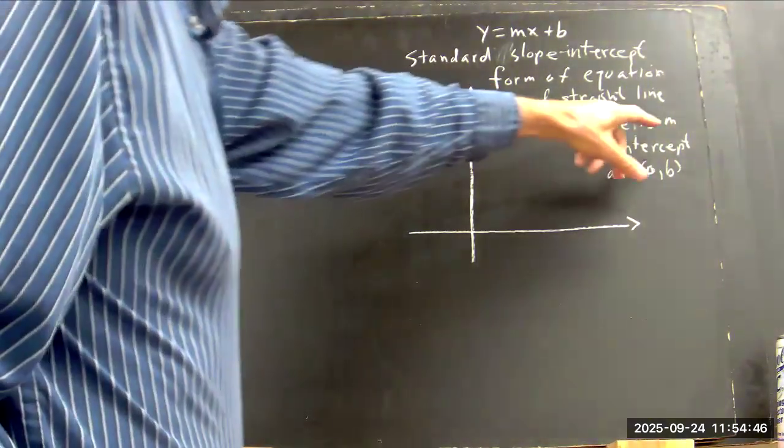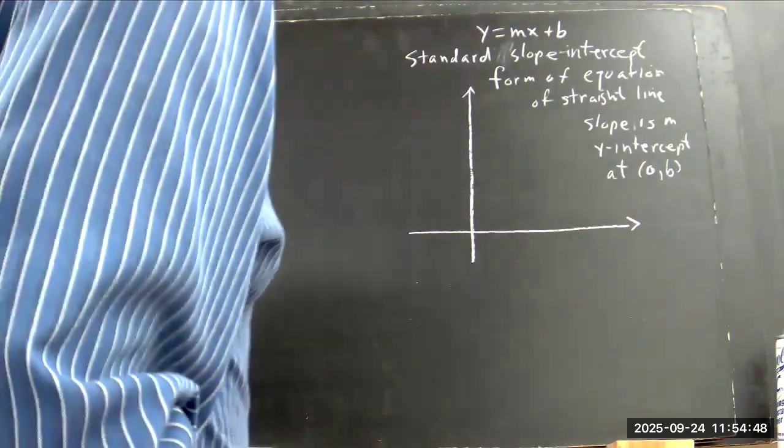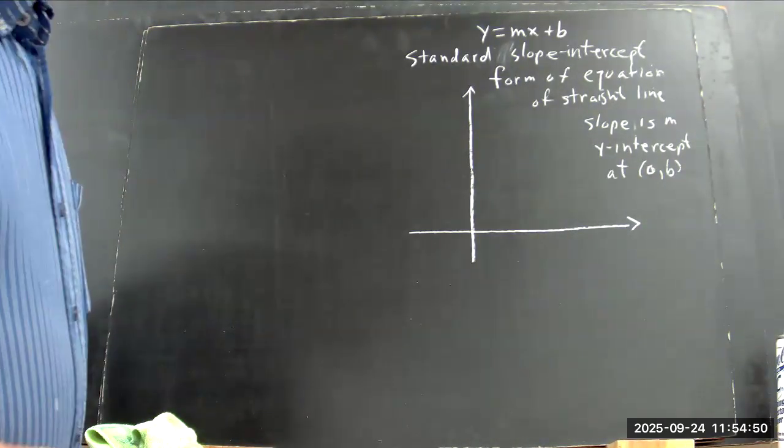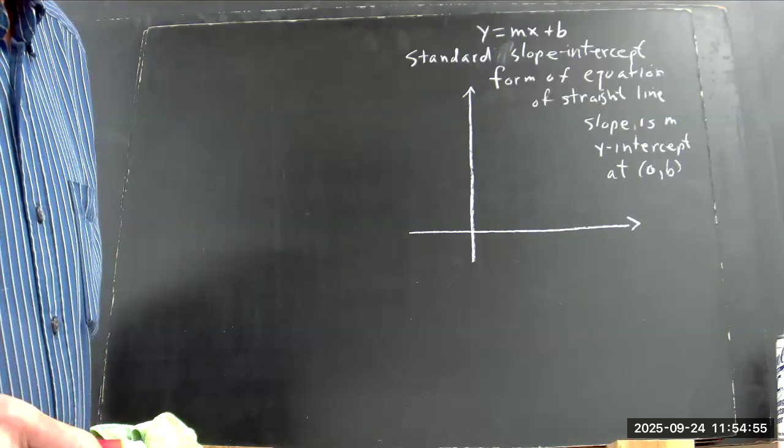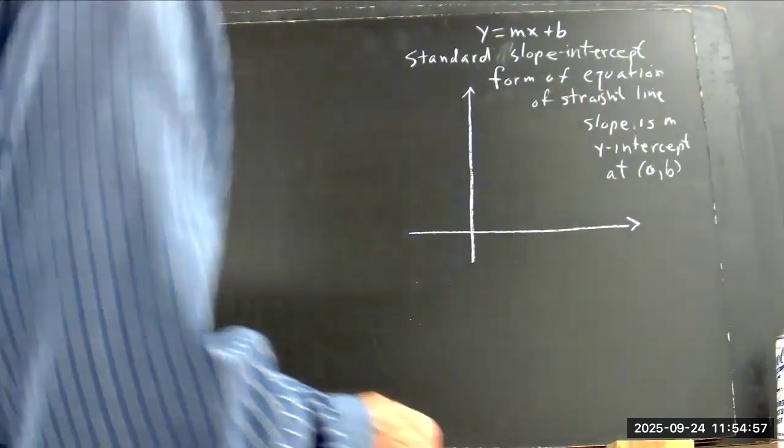Okay, the slope is m, the y-intercept is at 0, b. Make sense? Maybe not completely, because you haven't seen it before.